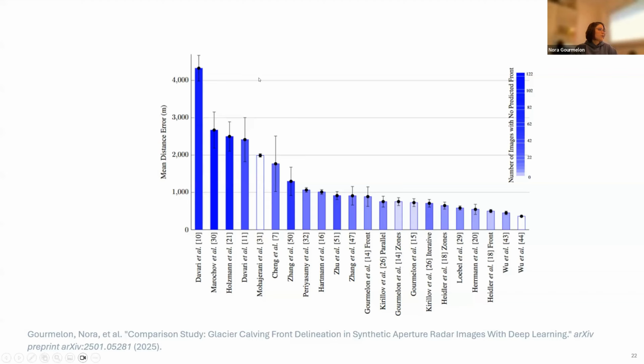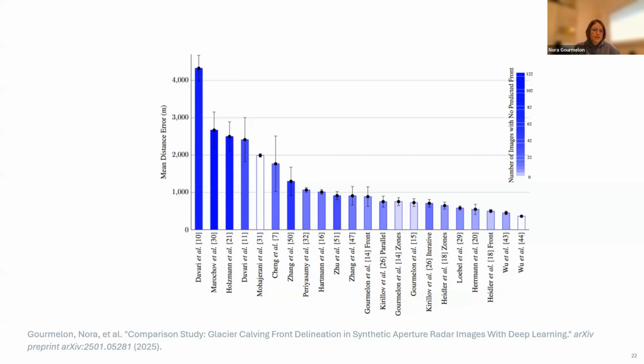So it goes from very high mean distance errors over 5,000 meters to the best one here. And why are some of these so bad, as we would say? That's because they were not all designed for SAR imagery. Some were designed for optical images, and a lot of them tested in sample, so on glaciers that were already seen during training, just at different time points.